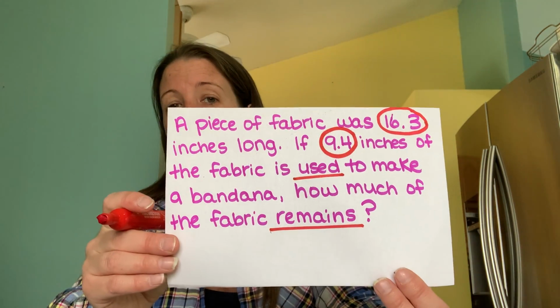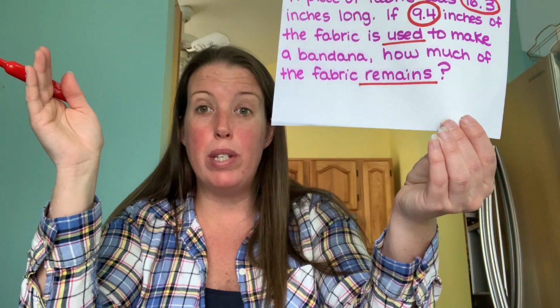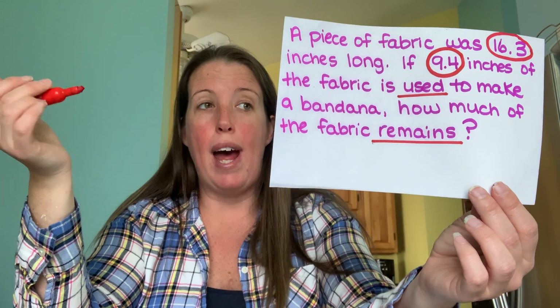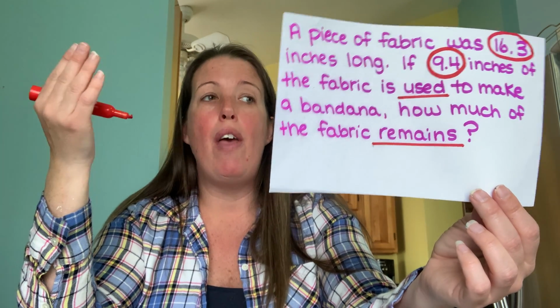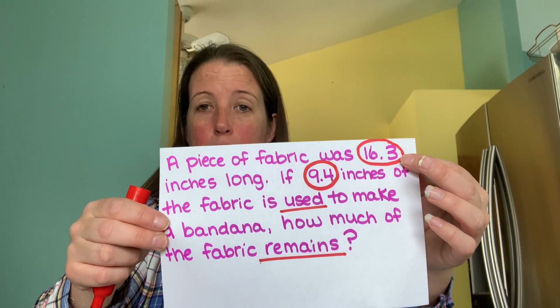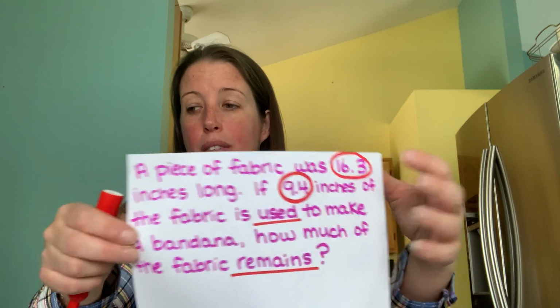So we're using 9 4/10. So that use can also stand as a little math keyword. So since I know that my amount is going to be smaller once I start using it, I know that my operation has to be subtraction. And when we subtract, we always take our total, 16 3/10, and subtract the second part, 9 4/10.